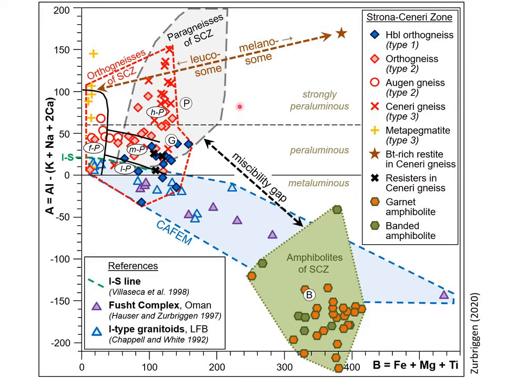Instead, the source are sediments with greywacke compositions. A typical pelite or greywacke have such compositions. And we can observe in the field how these meta-greywackes start to melt, producing migmatites. And at a higher degree of anatexis, they develop diatexites and intermediate members to become finally S-type granitoids. So we can observe in the field such transitional stages.